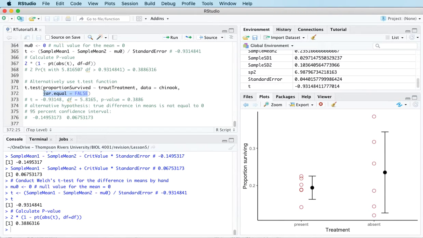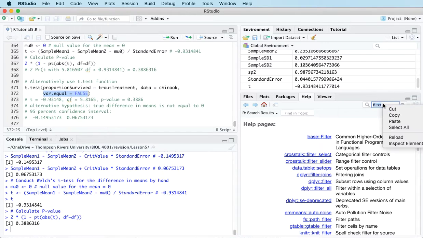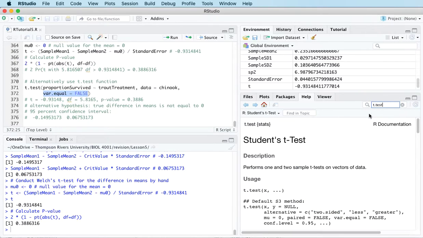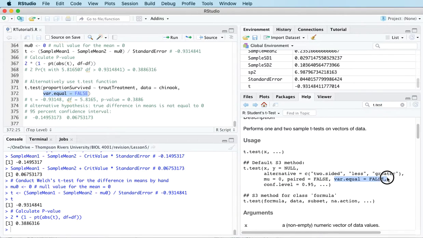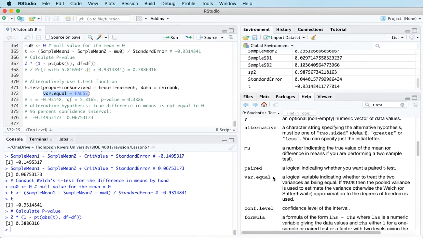And if you set this argument as false, let's actually look this up so we can see. t.test, this argument here, let's read what it says. So this is a logical variable indicating whether to treat the two variances as being equal. If true, then the pooled variance is used to estimate the variance. So that's what we did in the last video. Otherwise, if it's false, we end up doing Welch's t-test. Sometimes this goes by the name of Satterthwaite.